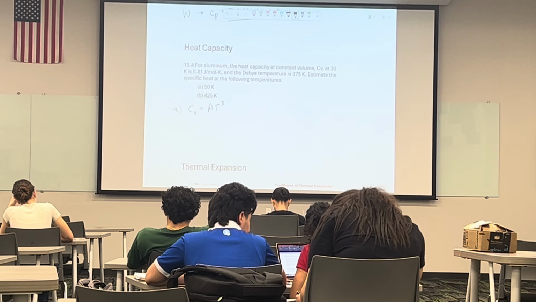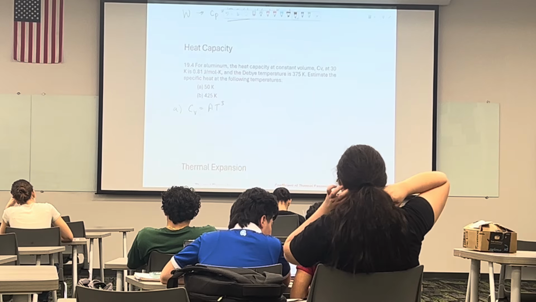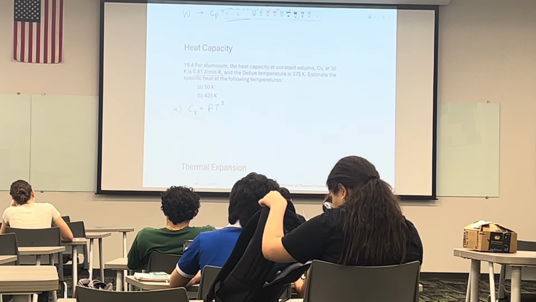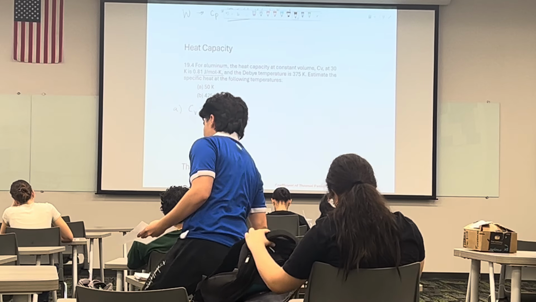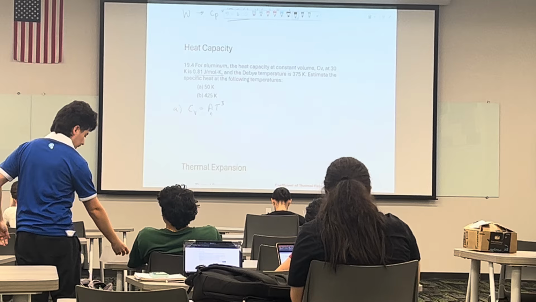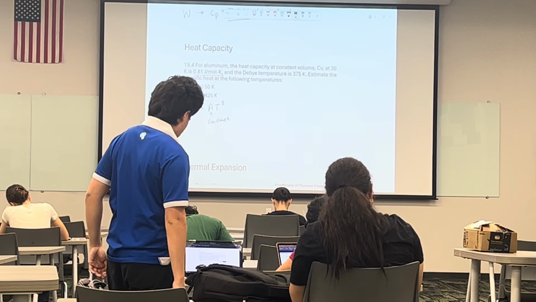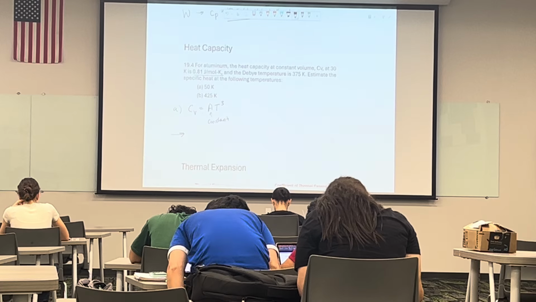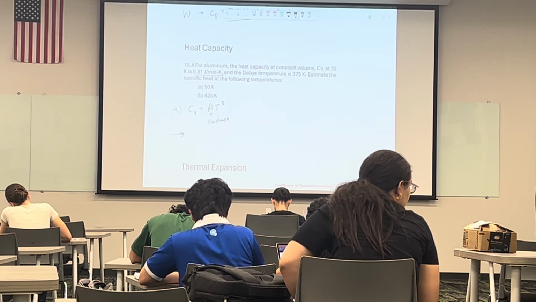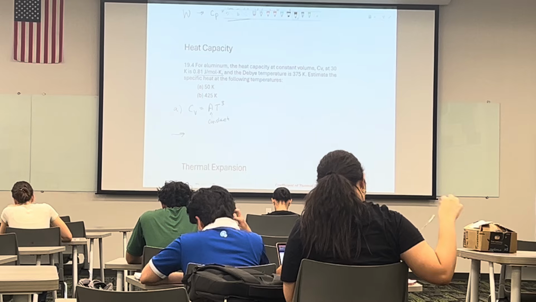The value of CV at 30 Kelvin is given to us, which they said was 0.81 joules per mole Kelvin. This A, by the way, is just a constant term, a temperature constant. Basically, we need to find this constant so that we can then find the CV for the aluminum at that temperature.